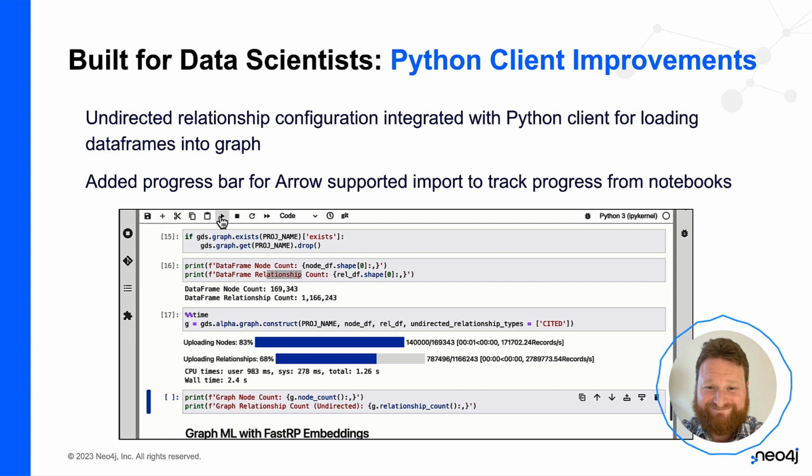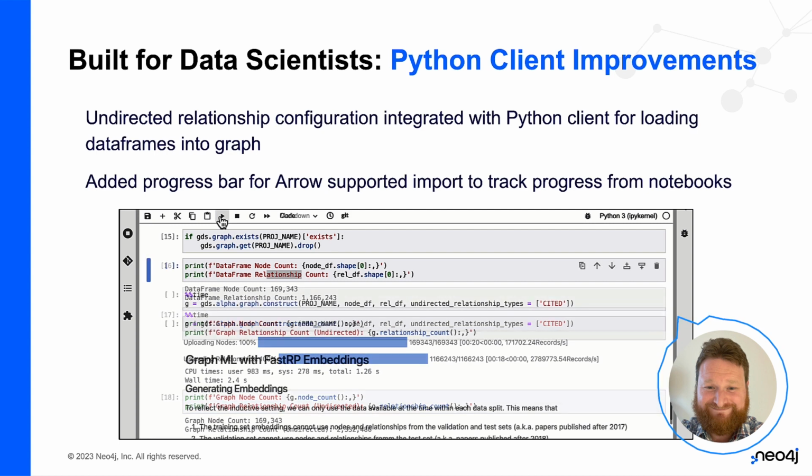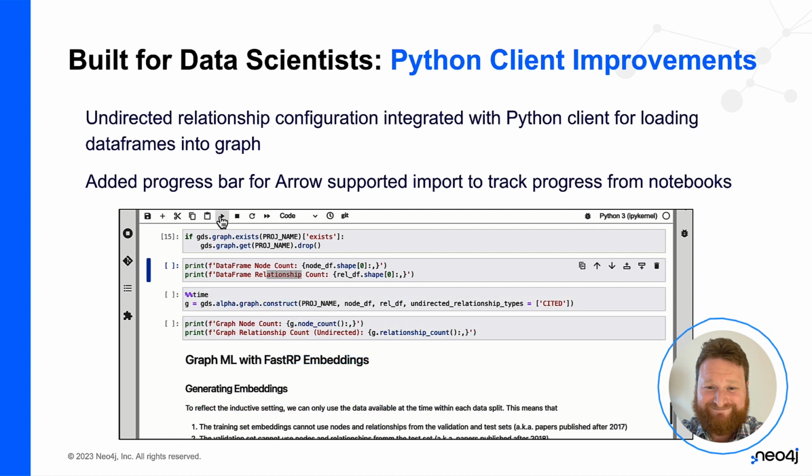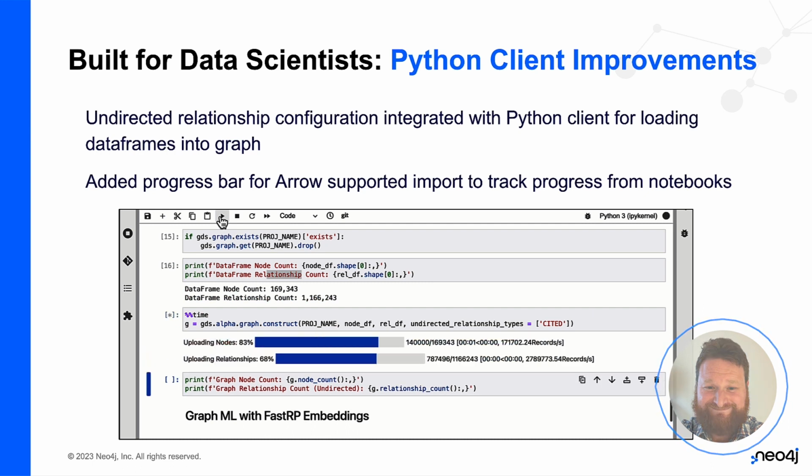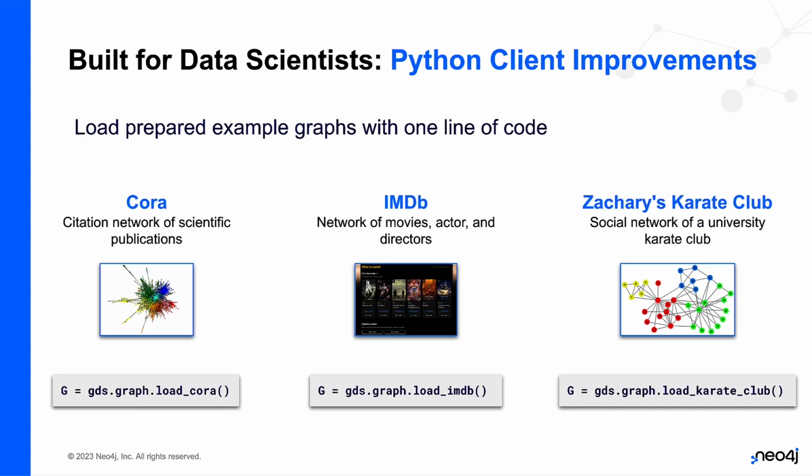So if you're interested in that sort of thing, how graph features can improve model accuracy over just using ordinary NLP features, we'll go ahead and put a link to this notebook in the description as well, and you can check it out.